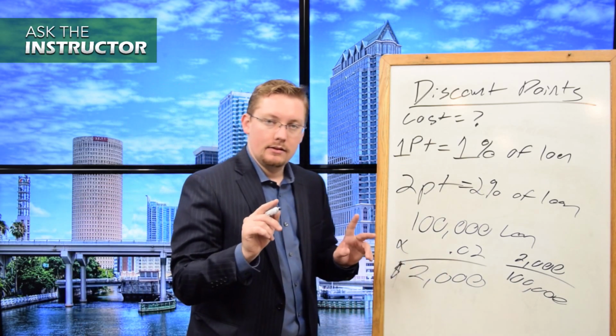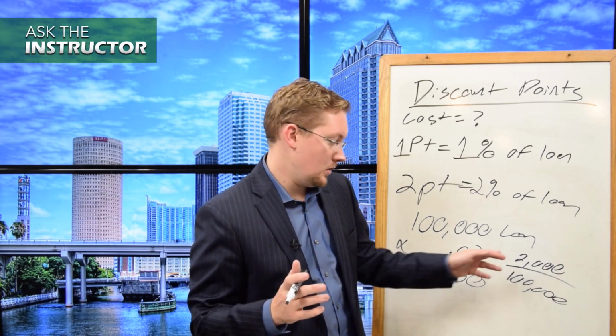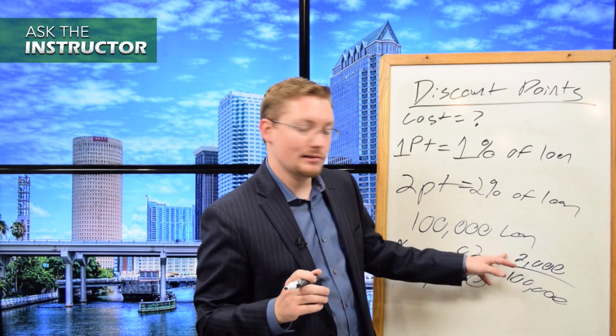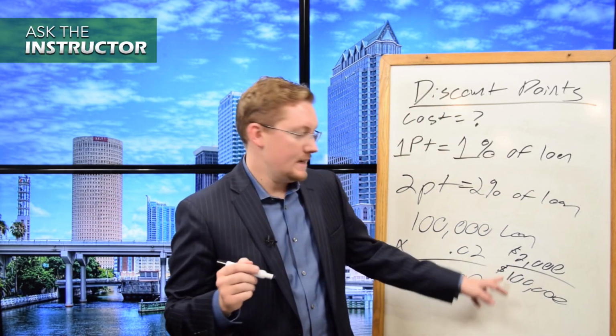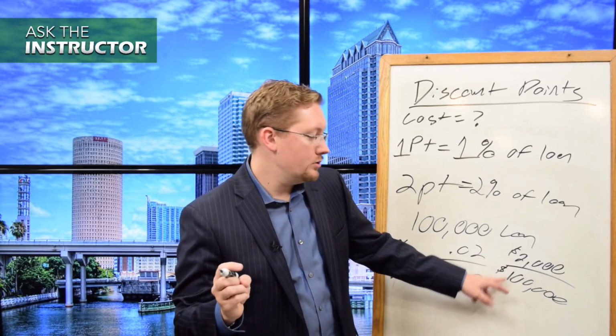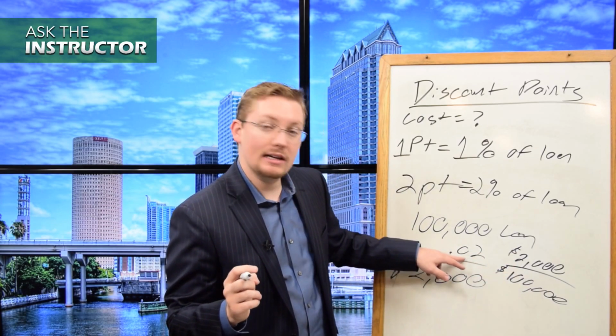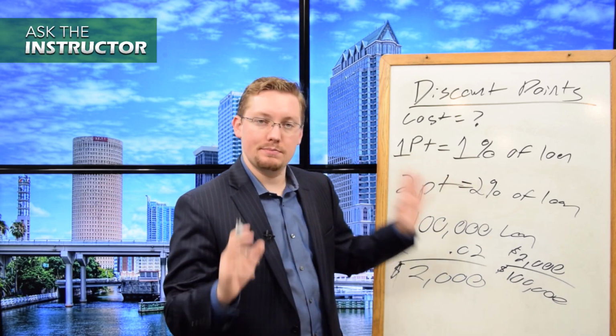That gets a little bit tricky when you see that, because you expect to get a whole number. So if we have $2,000 in points on a $100,000 loan, we take the dollar amount of the points divided by the dollar amount of the loan, so 2,000 divided by 100,000, and you're going to get 0.02 as your answer. What you have to remember is points are just a percentage.